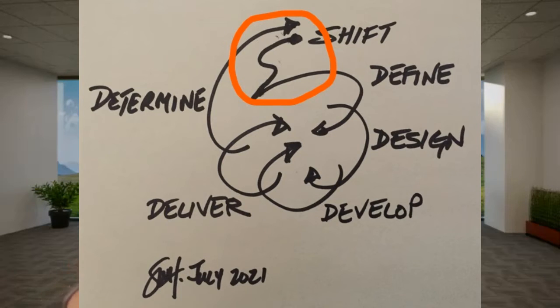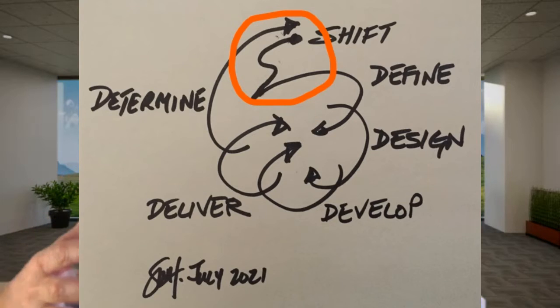Next thing I want to do is talk about when you get up into the area of determine, and that S feature that's there is circled in orange. What I'm suggesting there, if you've done the 5 Ds and you've worked them and used the stepping stones or the linear approach, then there is a shift that has taken place.